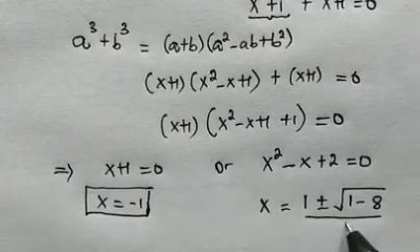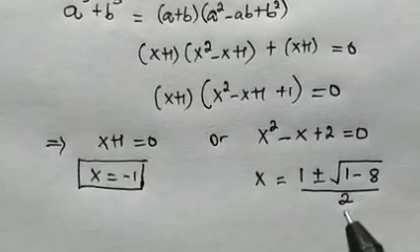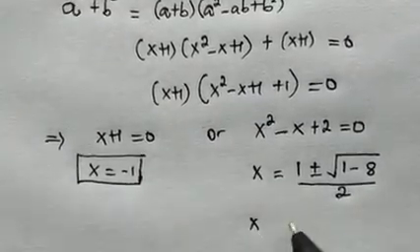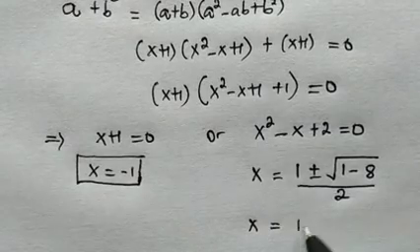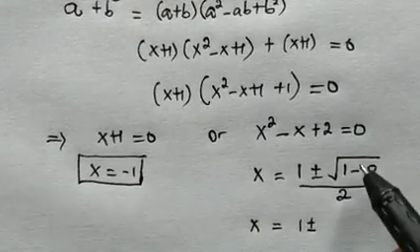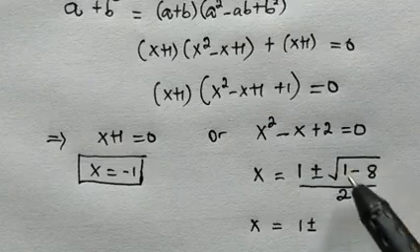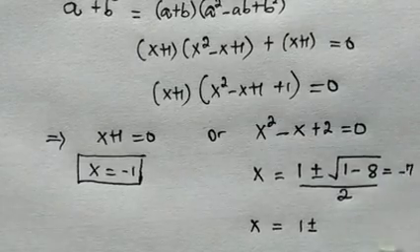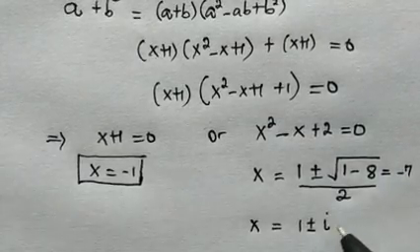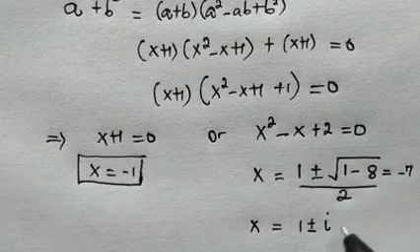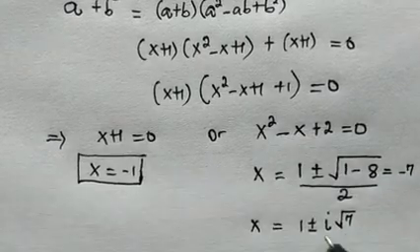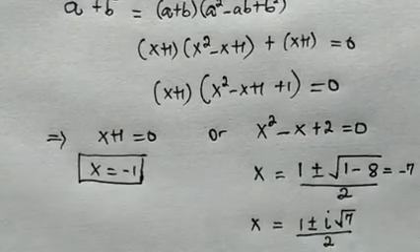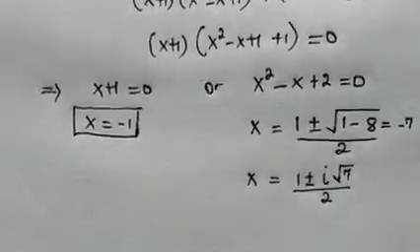Then divided by 2 times 1. So here we have x is equal to 1 plus or minus. Now remember that inside this root sign here, this is equal to -7. So square root of -1 is i, which is an imaginary unit, and here we have root 7, then everything is divided by 2.